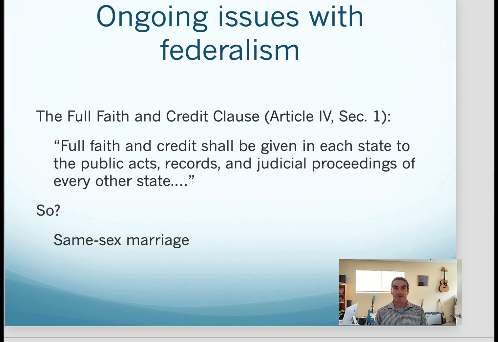So at the beginning of the struggle for equality in terms of same-sex marriage, this was a real issue. And again, the issue exists because of federalism. It arises because of different standards from state to state and the absence of an overall federal standard. Now, that overall federal standard was eventually established with a court case that legalized same-sex marriage. So this is no longer really the issue.